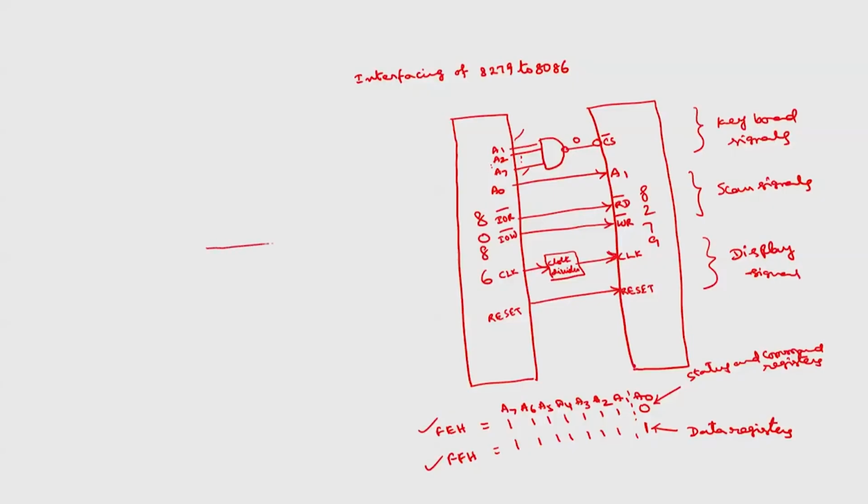In one of the registers, the format of this command word is, this is control / strobe, this is shift, and these 3 bits are for display, and these 3 bits are for keyboard.